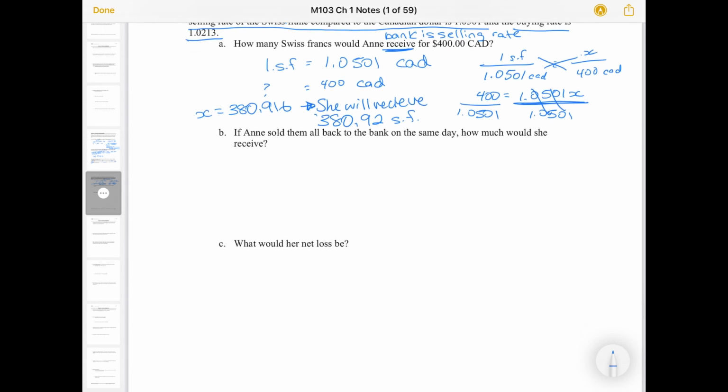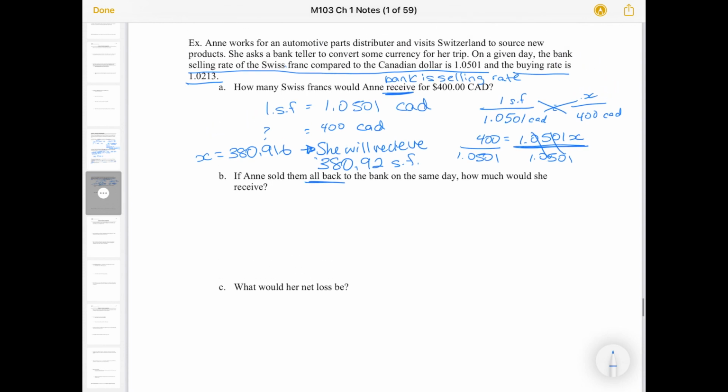Okay, if Anne sold them all back to the bank on the same day, how much would she receive? So she's now going to say, the Swiss trip is canceled, just give me my Canadian dollars back. So we are now using the buying rate, right? The bank is going to be buying that money.